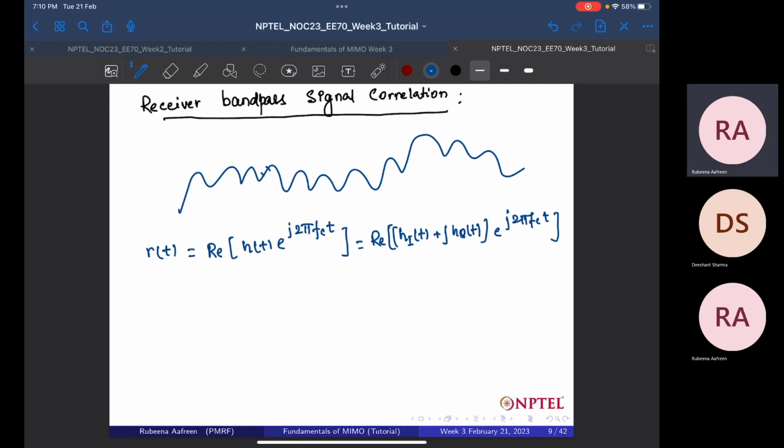Now e to the power j 2 pi fc t we can write as cos 2 pi fc t plus j sin 2 pi fc t. So overall this will come as hI(t) cos 2 pi fc t minus hQ(t) sin 2 pi fc t. Okay.